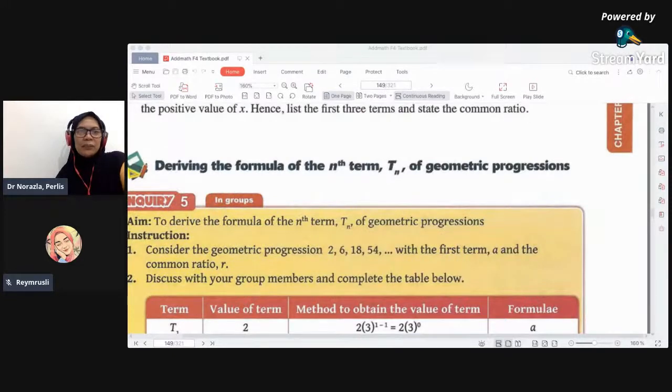So, please be prepared for our next online test. Schedule this week, okay? Chapter 1 to chapter... not online test, it is the mid-year examination, online, using Google Forms.